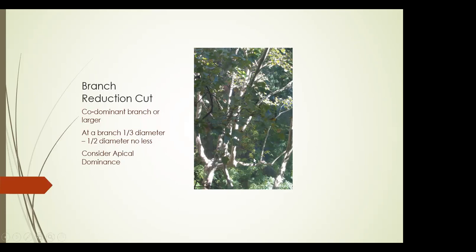So these are branch reduction cuts. You want to leave a branch a third of the diameter of the branch you cut off, a third to a half. So this should be a third or more of what you reduce.